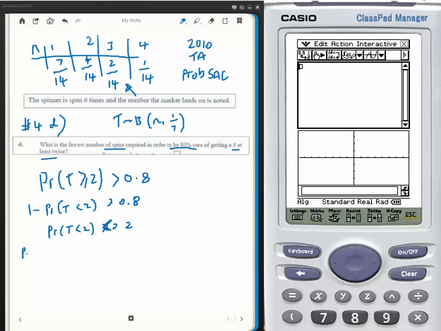So the probability that t equals 0 plus the probability that t equals 1 has to be less than 0.2.